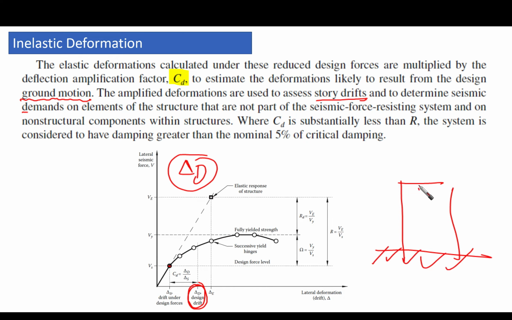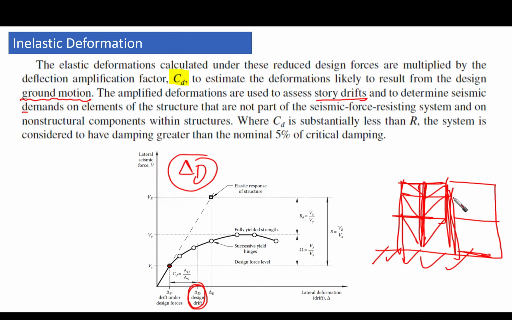If we have a structure and we have columns that are part of the lateral resisting system, for example something like this. If we have another bay that only has a gravity frame, so only gravity beams and girders, the total structure is going to be deformed laterally with delta.